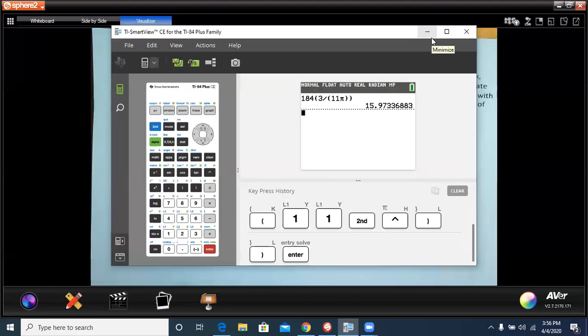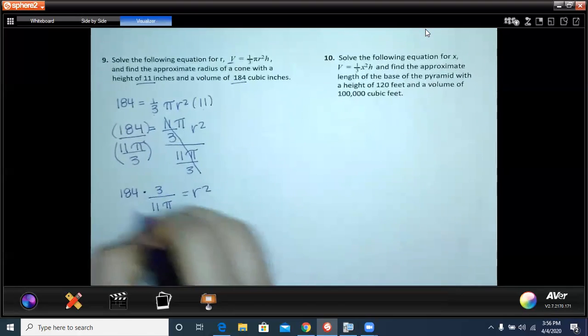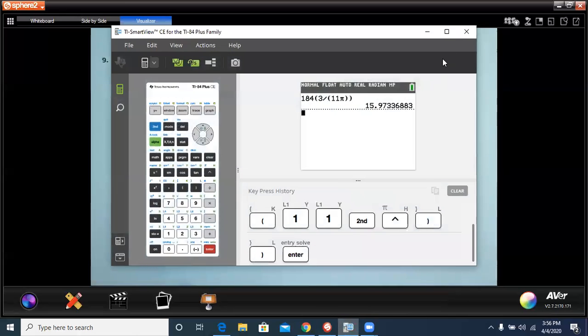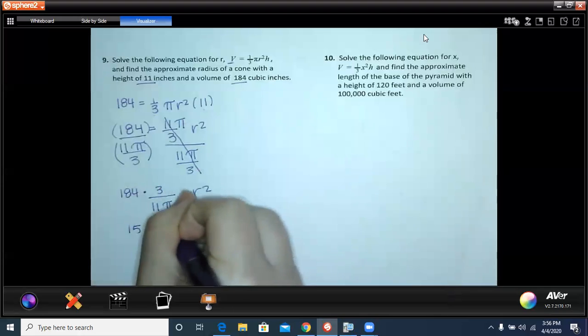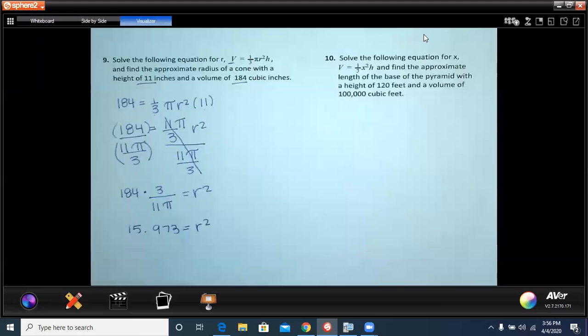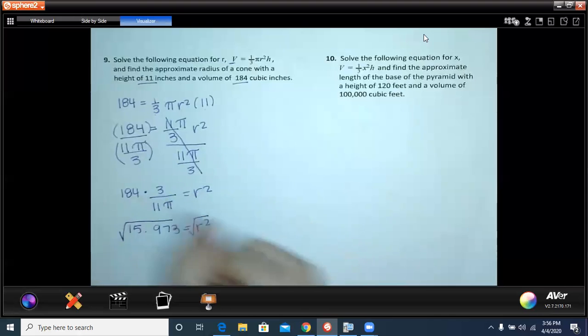All right. So we can just go 3 decimal places here. So all of this is what we just typed in, turned into 15.973 is equal to r squared. All right, now I just need to get rid of this square so we can solve for r. The opposite of squaring something is to take its square root.